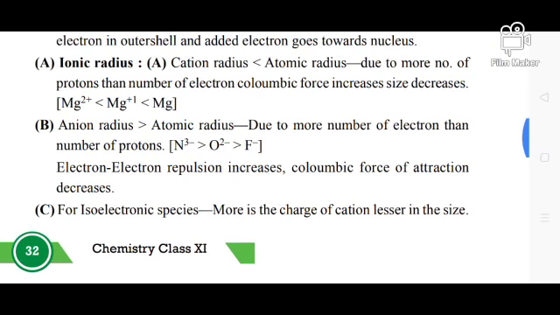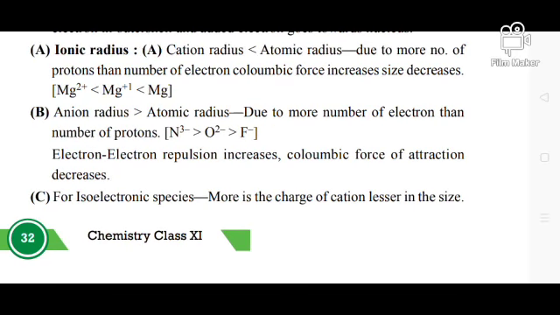So you have to remember these things. The cationic radius is smaller than the atomic radius. Why? Due to the greater number of protons than electrons, the Coulombic force increases and the size decreases. So here, magnesium present as the 2+ ion has a smaller radius. Why is it smaller?